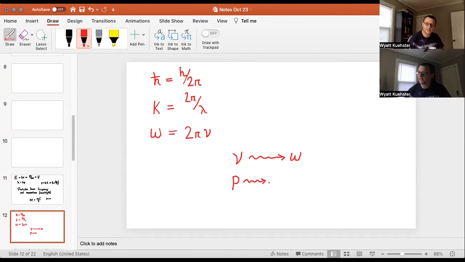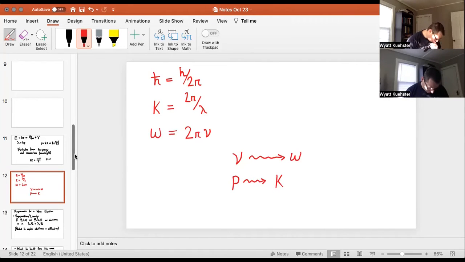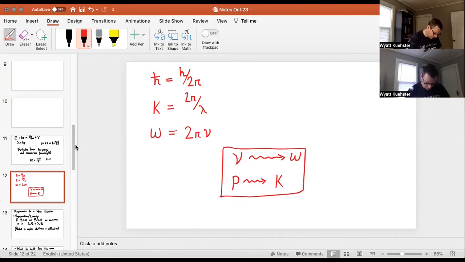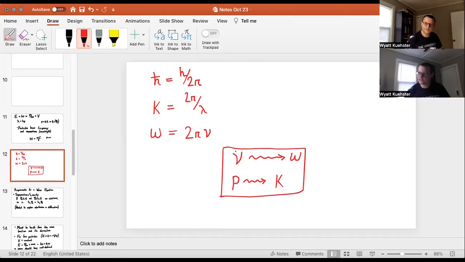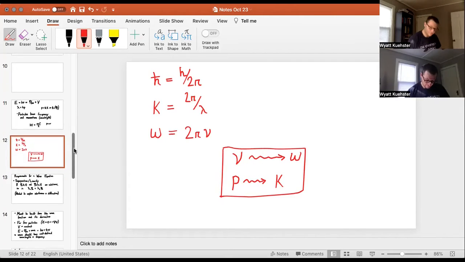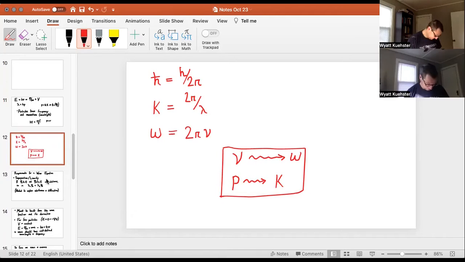And knowing the wavelength is the same as knowing the wave number, because the wave number is just 2 pi over the wavelength. So I can replace momentum with the wave number in all my equations. Okay, so we're going to do that. When you see omega, you can think this is the same as having nu. And when you see k, this is the same as p, pretty much, minus some constants.